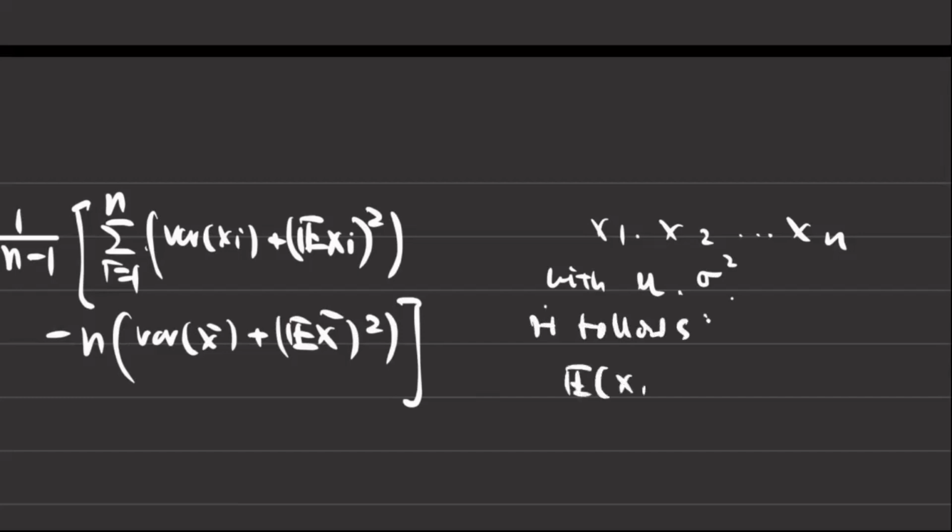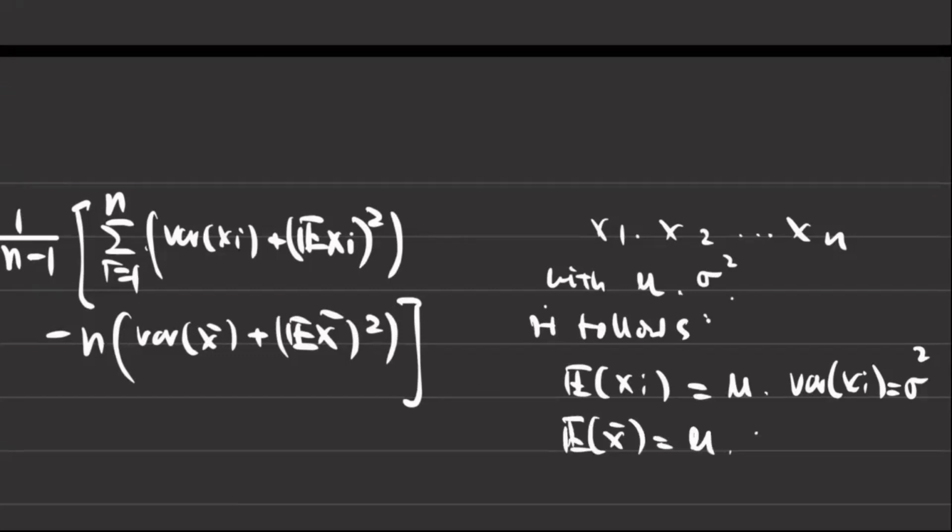Expectation of xi is going to be mu, whereas variance of xi is going to be sigma squared. Another identity is the expectation of x bar is also mu, whereas variance of x bar turns out to be sigma squared over n.